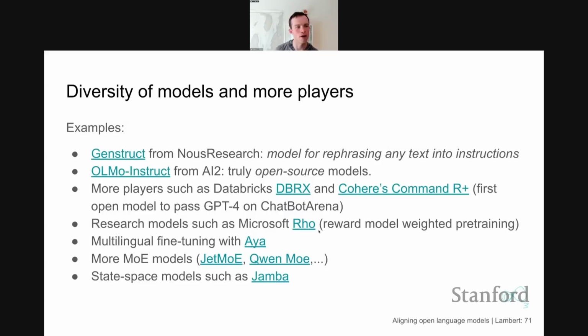So there's interesting models like this one, GenStruct, from new research in the last few months, a specifically fine-tuned model for rephrasing any text into instructions. So if you have a book and you want a model to be able to answer questions about this, why don't we just throw it at this rephrasing model?